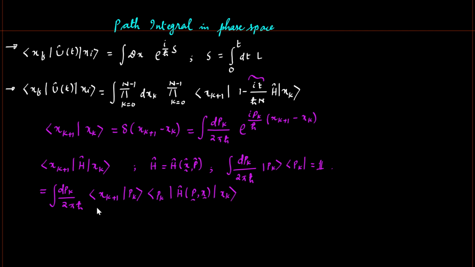But we know that ⟨x_{k+1}|p_k⟩ is nothing but e to the power i by ħ p_k x_{k+1}. Fine.